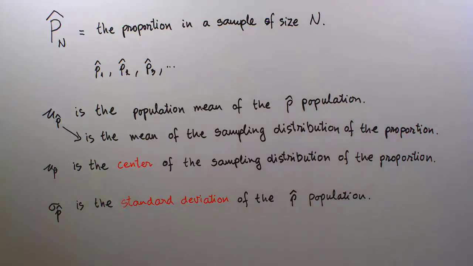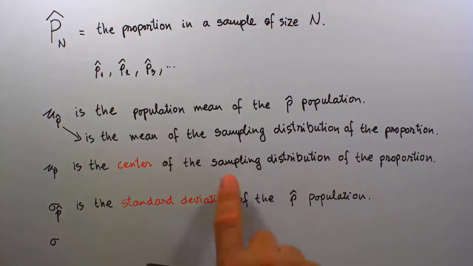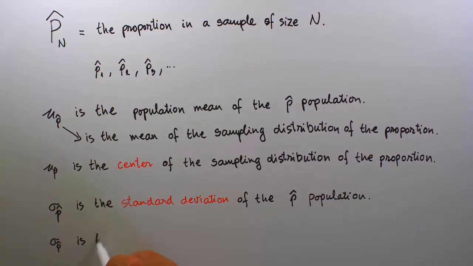And then as a role, sigma p hat, and of course the p hat population here is, in other words, the sampling distribution of the proportion. But thinking about the meaning, the role of sigma p hat after we found mu p hat, sigma p hat is playing the role of the average spreading.